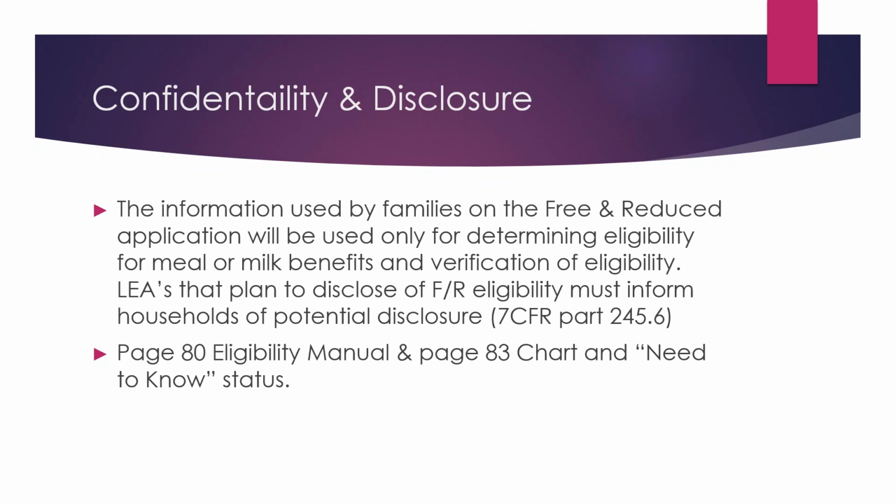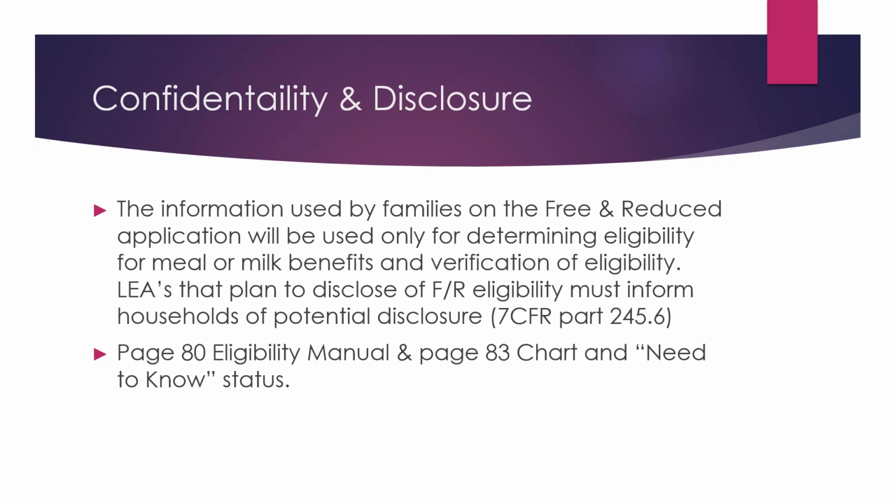And you would have to include, as part of 7 CFR Part 245.6, information that they would be allowing you to use this information in other areas within your school district.